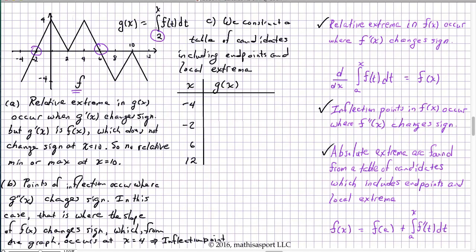Remember, the fundamental theorem states, as I've written down here, that to find the value of a function at a given point, you have to have a starting point and then the integral, or the signed area, underneath the derivative curve of that function. That's just what we have in f, and so we have to start at the initial condition, which in this case is at x equals 2.